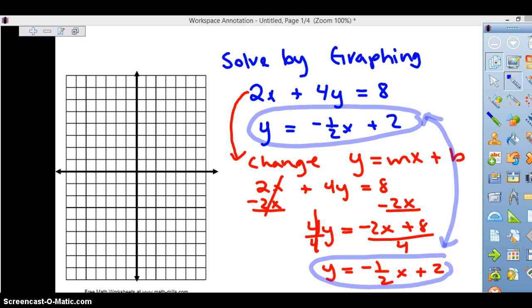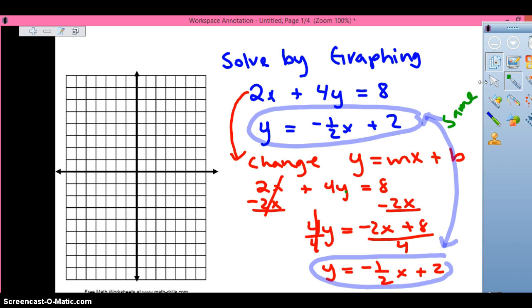So if these equations are the same, they're the same equation, where are they going to meet? Well, it's the same equation, so let's graph this first one. The y-intercept is 2, slope is negative 1 over 2.